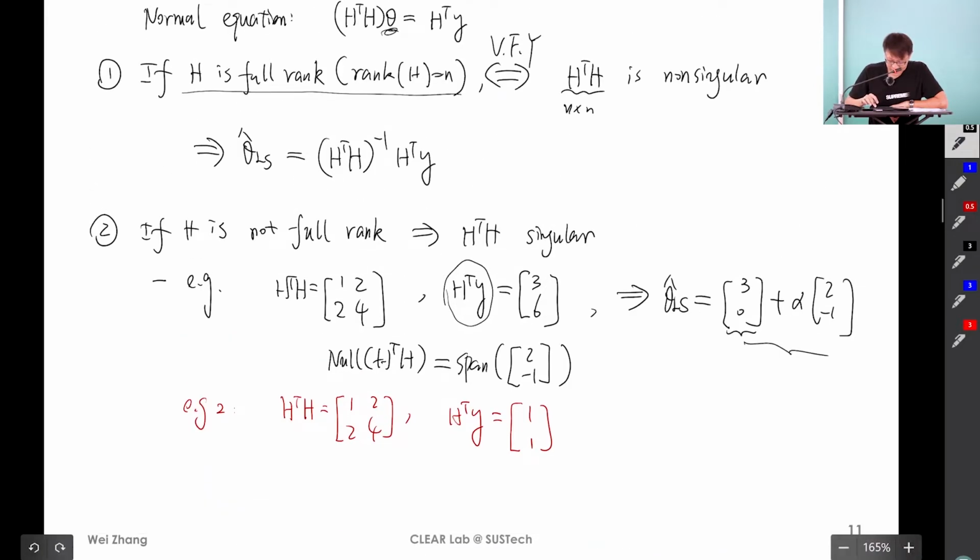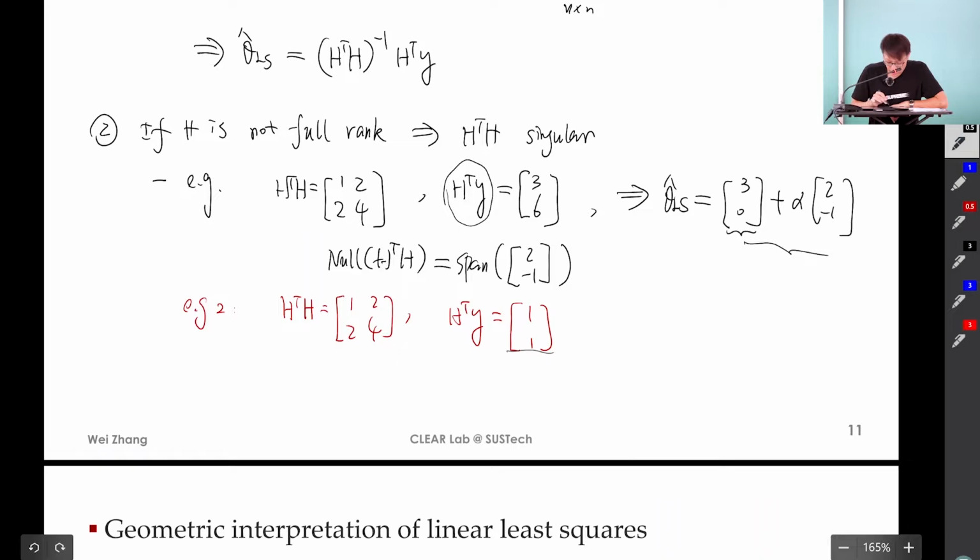This guy is your B, right? B equals H transpose H times theta, and for the theta you need to determine, B has to be in the column space of H transpose H in order for the solution to exist. Is this in the column space? Any questions?